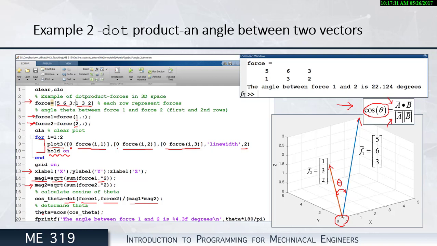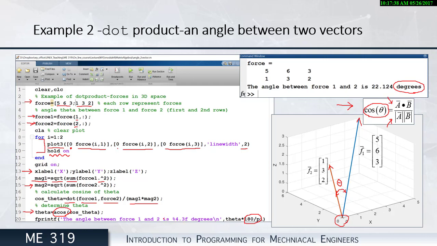So how do you determine theta? Of course, you can use acos, which is arc cosine. Then you know that the answer is in radians. To print out your output like this, in degrees, you should multiply your answer by 180 divided by pi.